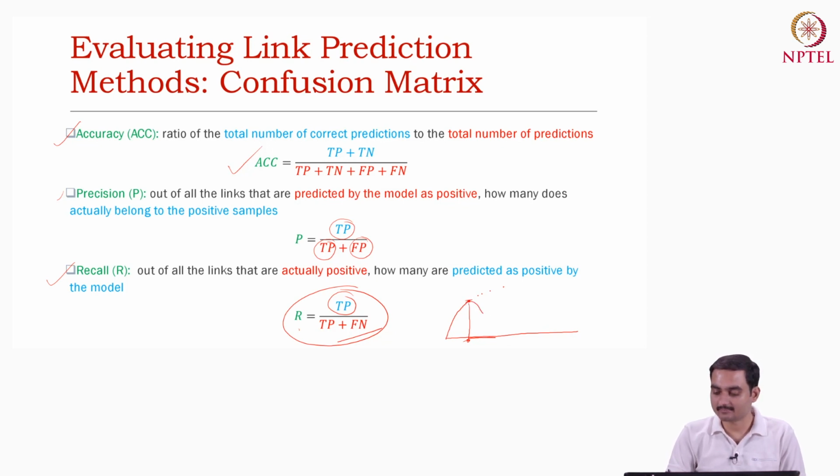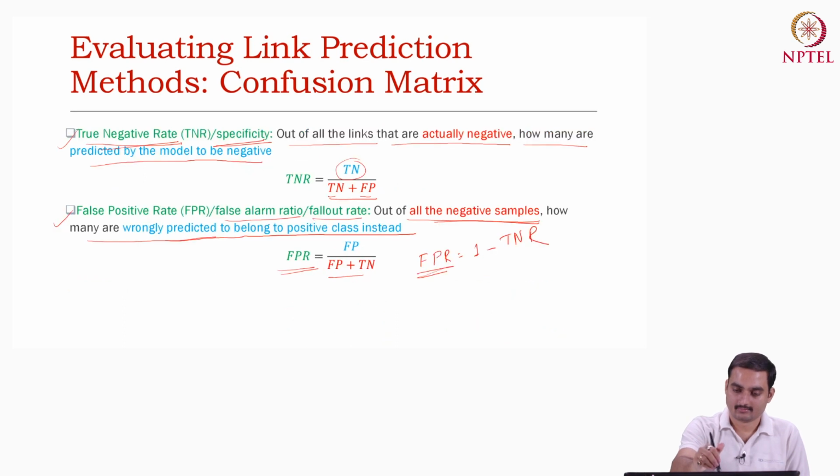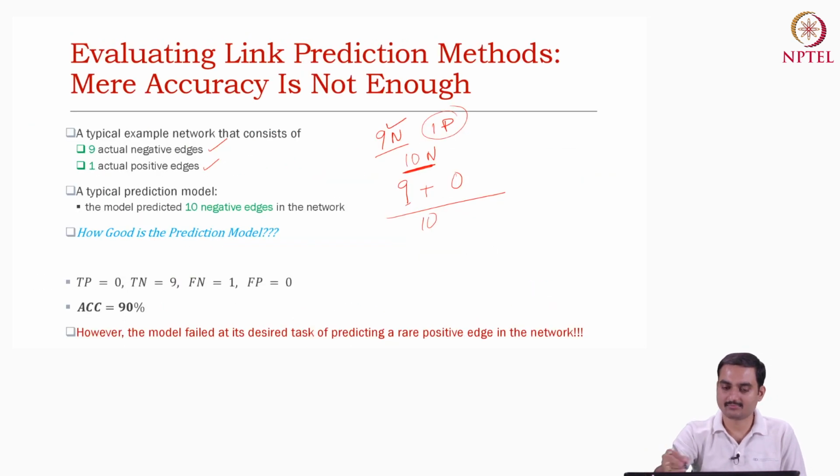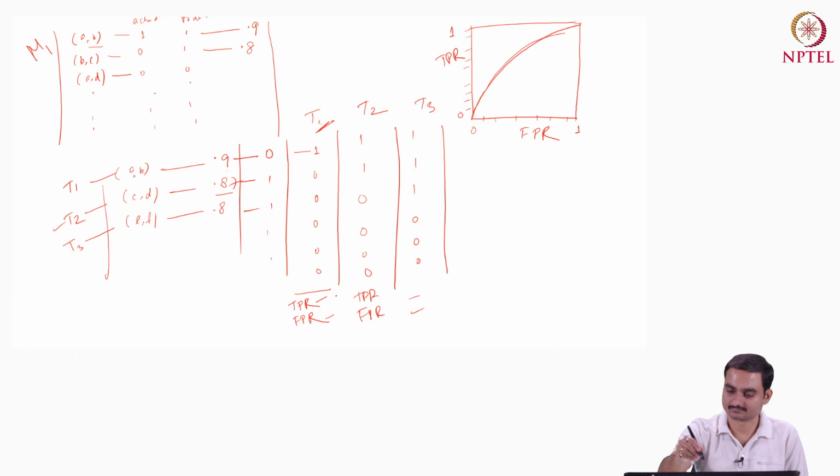This will either remain same or increase. Okay? Recall will never decrease. Because what is recall? Whatever positive samples you have returned so far, divided by out of all the positive samples. Okay? So the curve will never go down. Okay? This will monotonically increase.